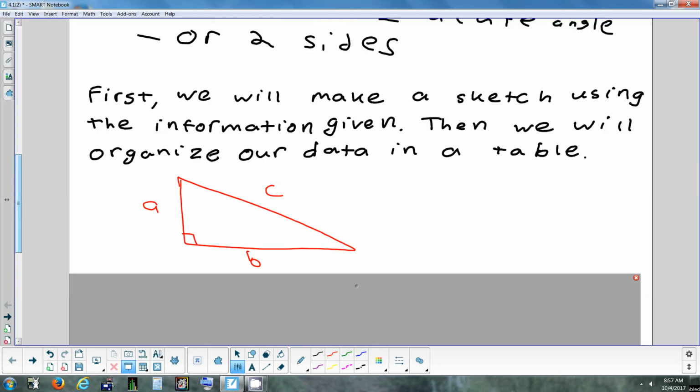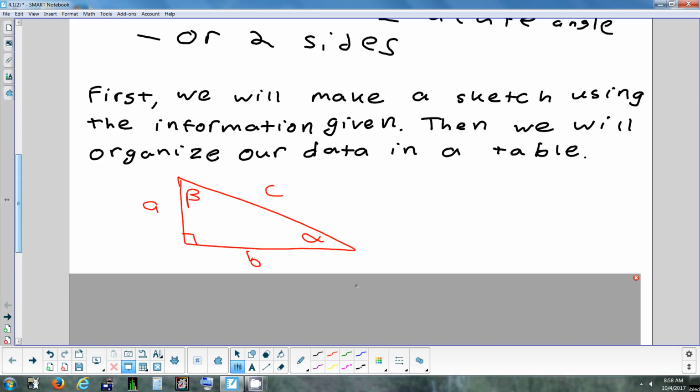And does anyone remember from yesterday the name that we give to the angle that's always across from A? We used a Greek letter. Katie? Alpha. Yep. Alpha. It's always across from A. And does anybody remember the other Greek letter that's always across from B, right? Beta. Yep.